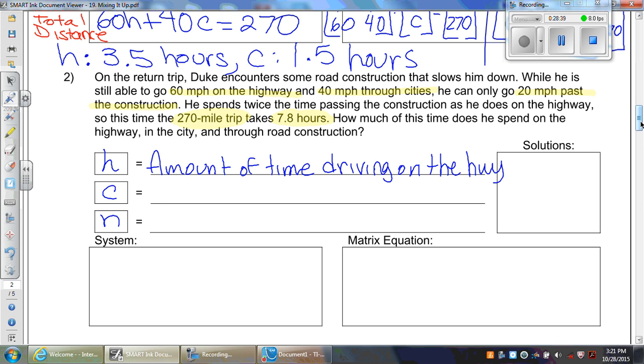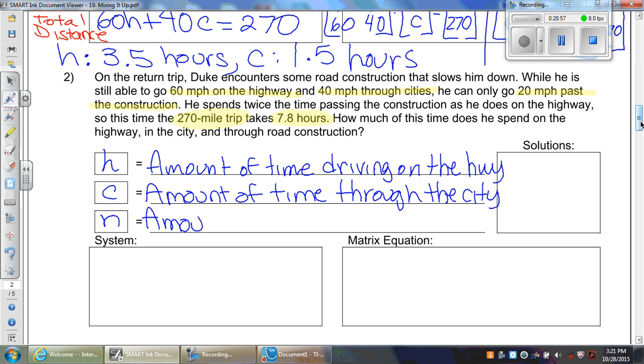Letter C will represent the amount of time driving through the city. And N will represent the amount of time driving through construction.